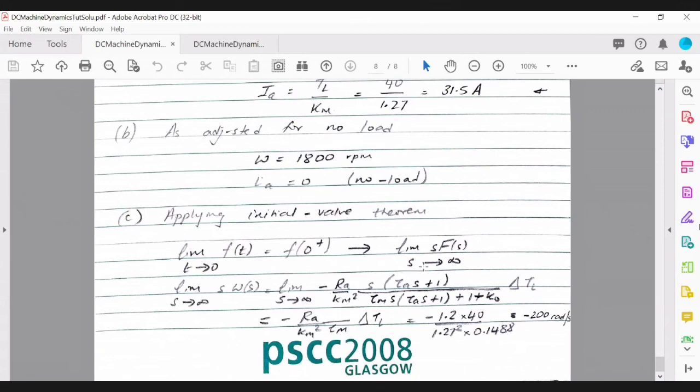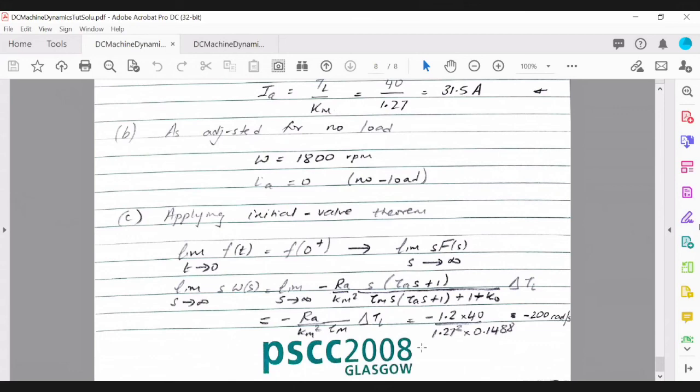So we apply this theorem to this expression that we have for the speed control system of a motor, and solve for the value for the speed of the motor.